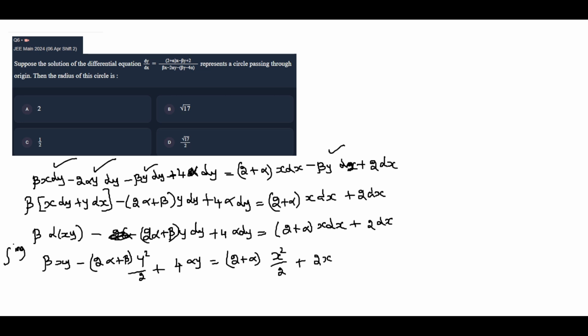Now we need to convert this equation into circle equation form. So in circle equation, beta will be 0. Why beta equal to 0?